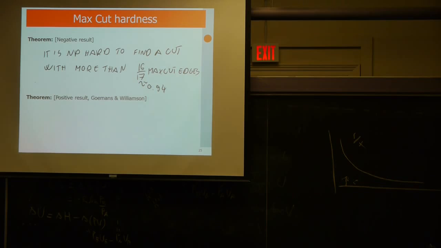And you might wonder, how much can I reduce this while it stays NP-hard, and at what value does it become polynomial?